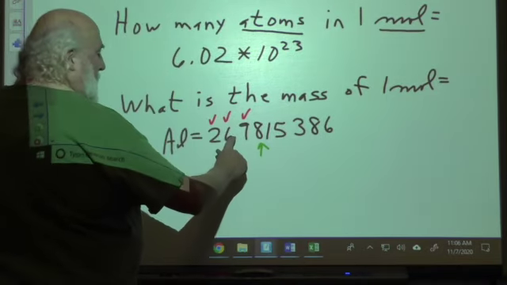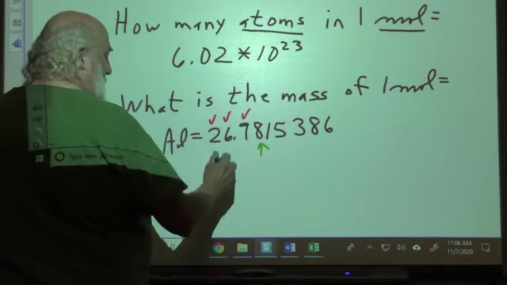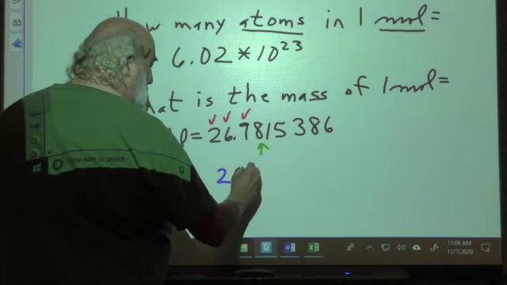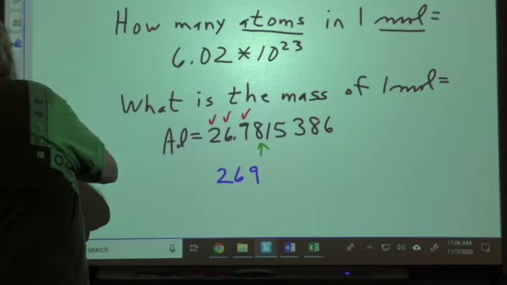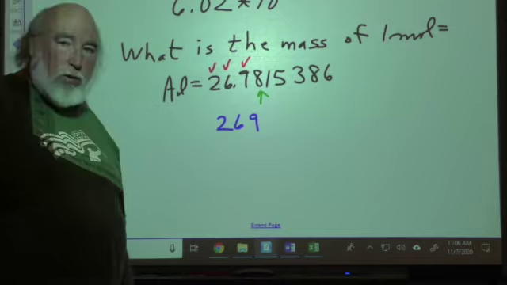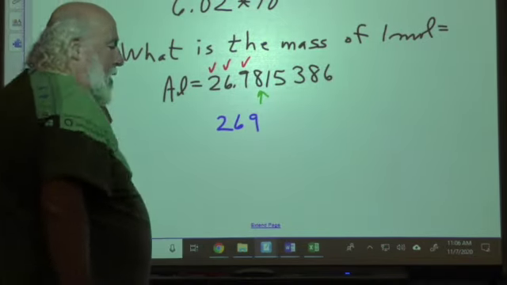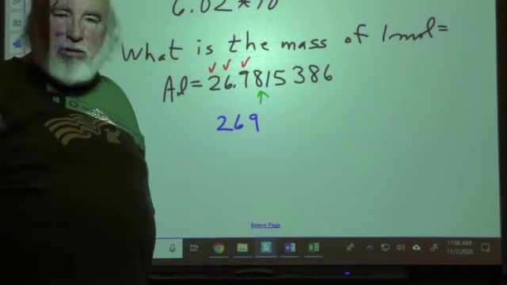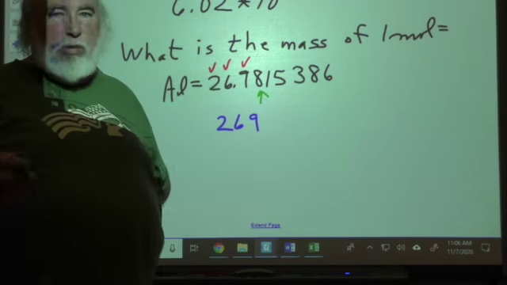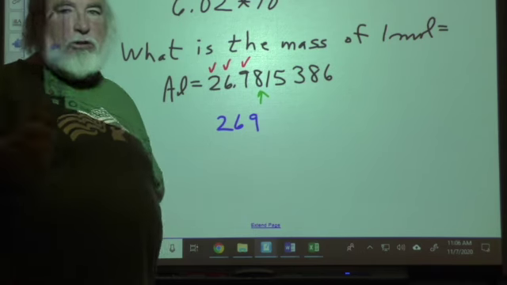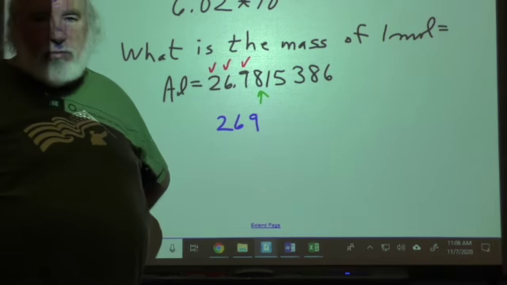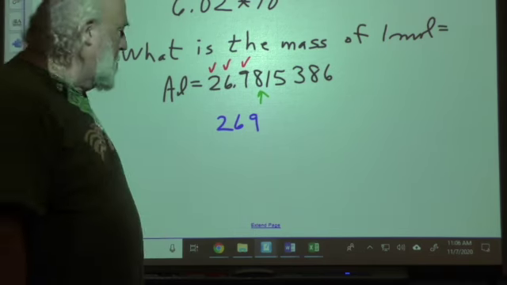So let's take another attack to figure out how to round a number like this. Let's pretend like the decimal point doesn't exist going up to that number right there. So let's just write 269 instead of 26.9, okay? And we know we got to round it up because that's 8. So what is the next number after 269? Well, you've got $269 and somebody gives you an extra buck. How much money you got? Yeah, 270.